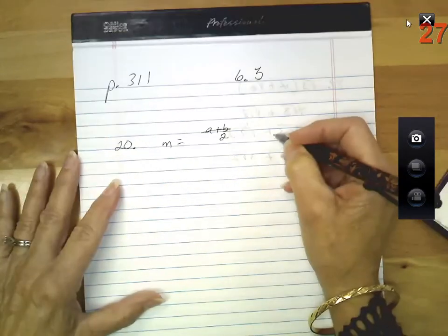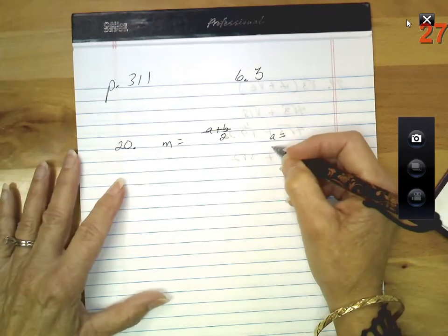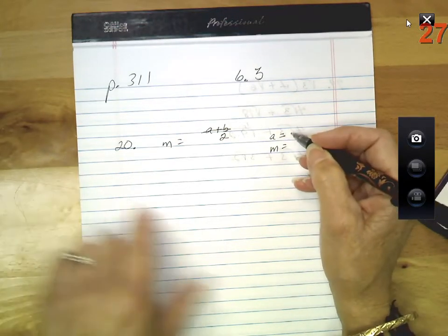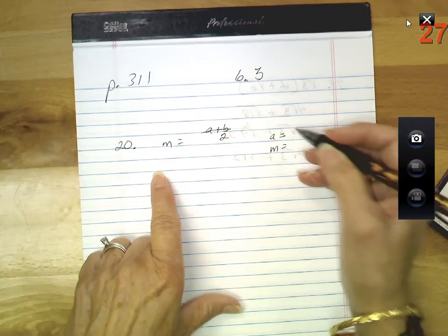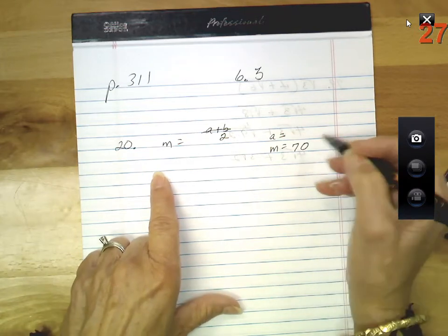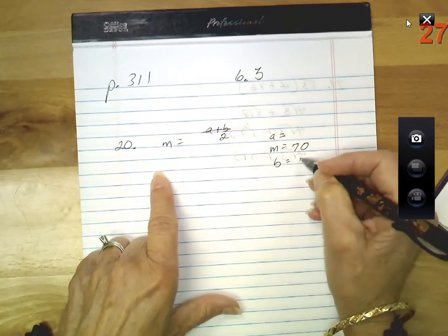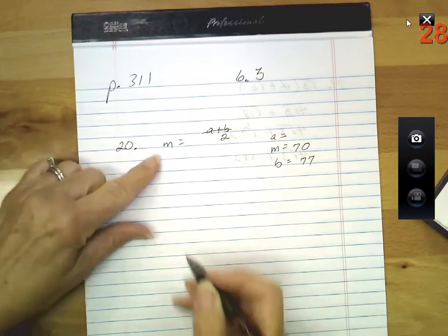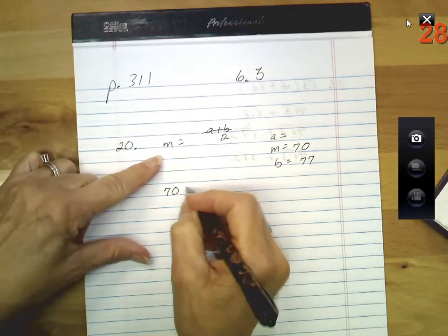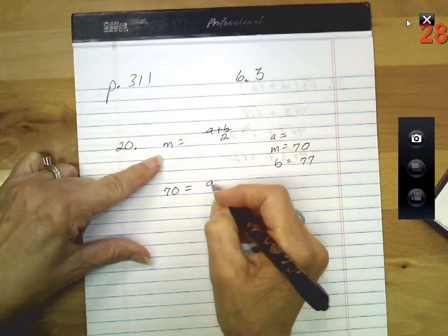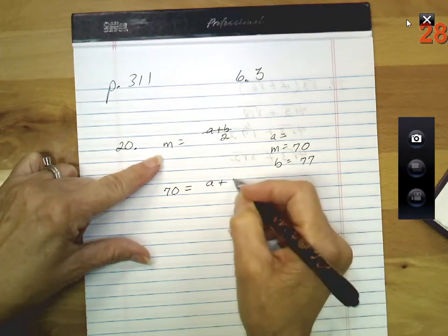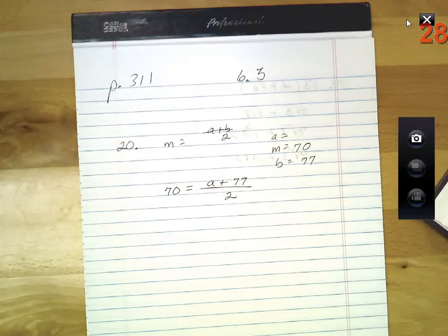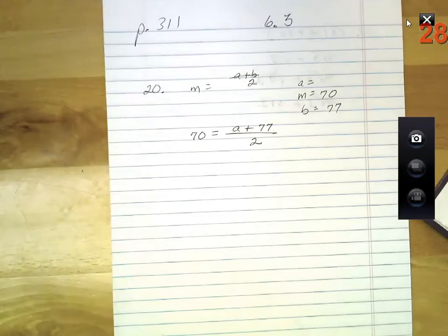Find A when M is 70 and B is 77. So in place of M, we're going to put a 70. A, we don't know, that's what we're trying to find. B is 77, and here's a 2. So there's our problem.